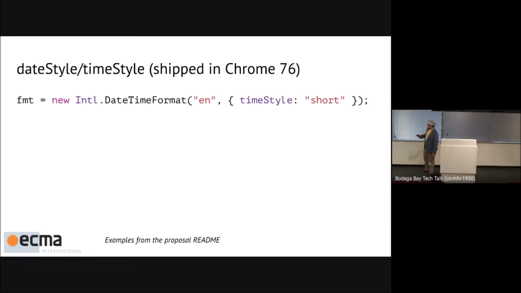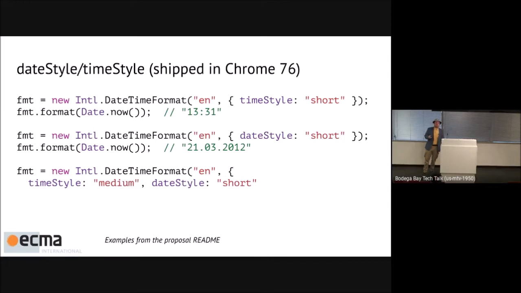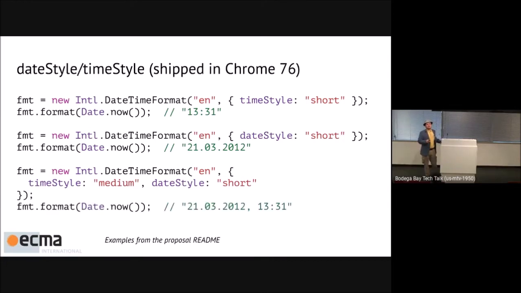This allows you to do that more easily. So timeStyle short, dateStyle short. And then if you have maybe timeStyle medium, dateStyle short, you might get something more like this. None of these examples actually have dateStyle long or timeStyle long, but if you had those, then it would be spelled out more.